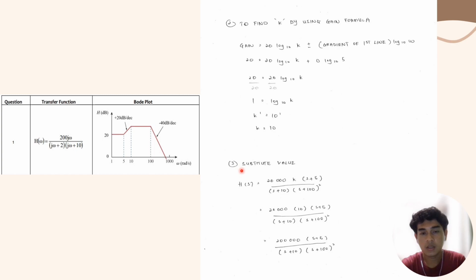After that, we substitute the value of K with 10. After we compute the equation, the final answer will be H(s) equals 200,000 (s + 5) over (s + 10)(s + 100) to the power of 2.